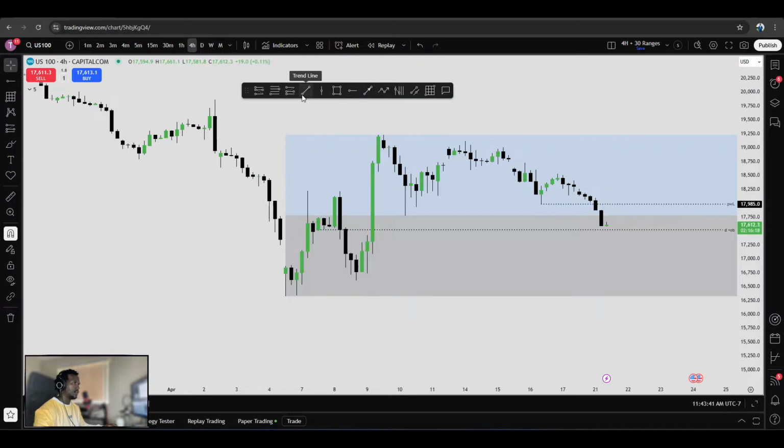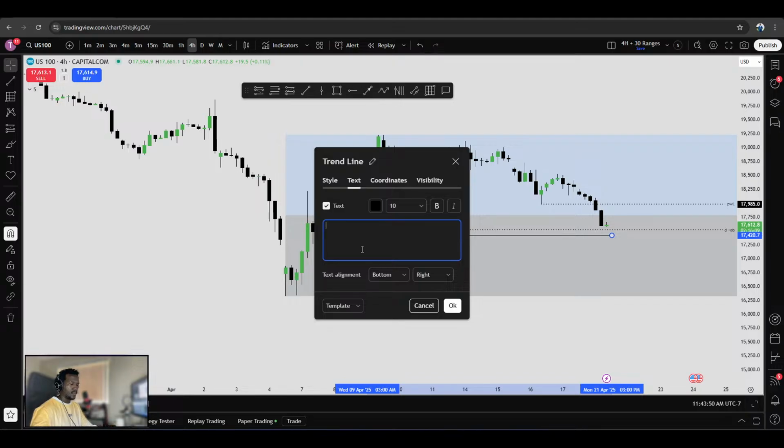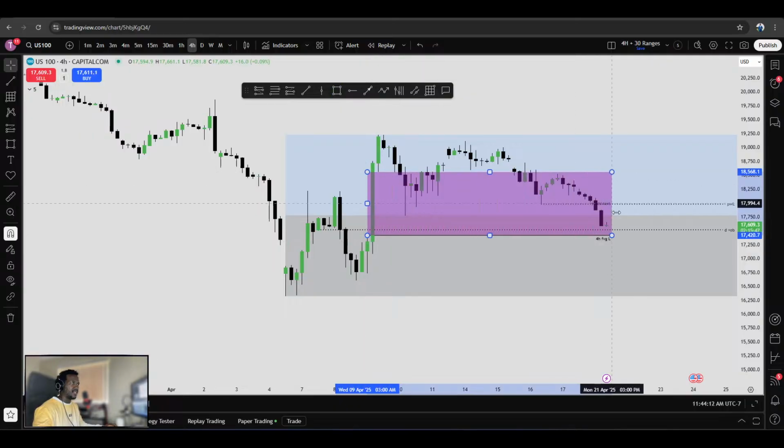So what I'm gonna do is bring this up to here and just say that was the 4-hour fair value gap. What would I say now? Low. I just do the low. For lack of a better word, instead of just having all this looking like this, I'll just have it as a level.